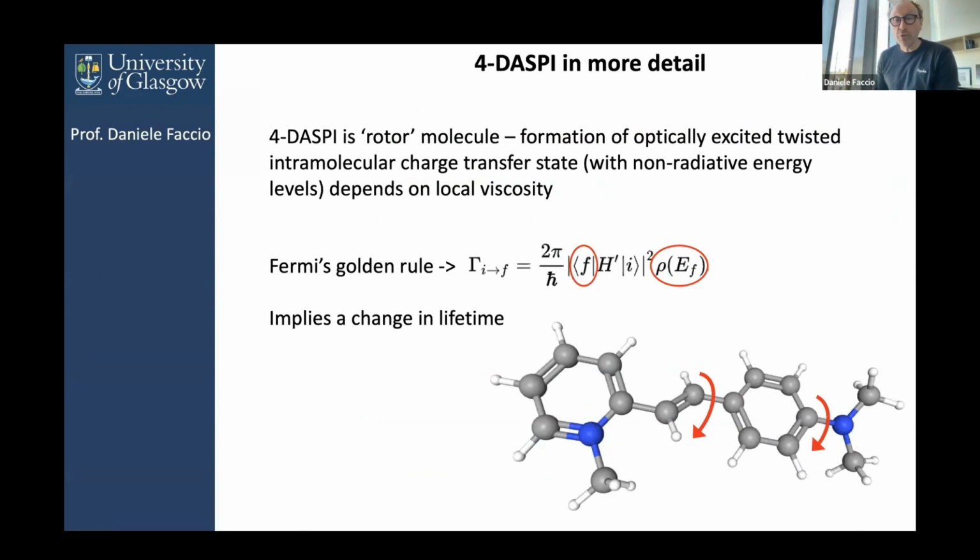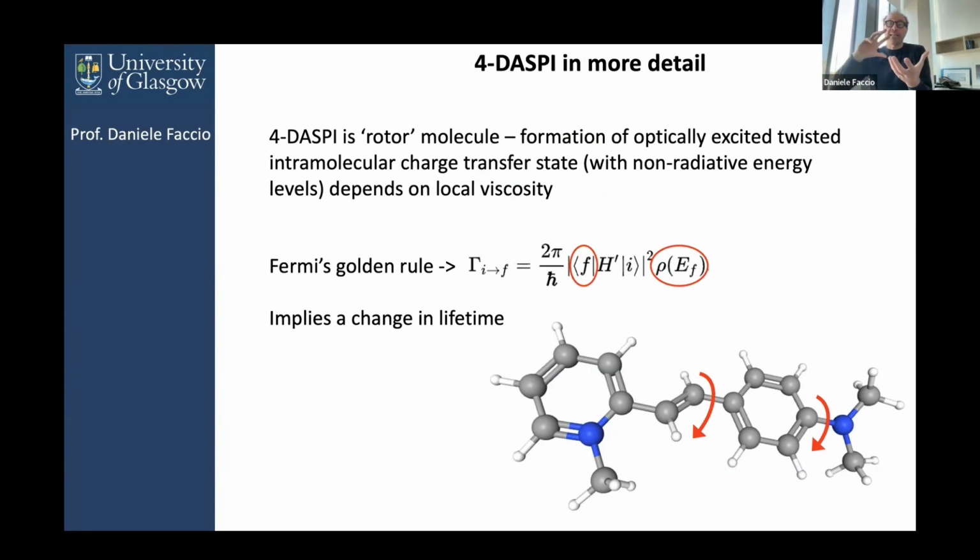So these rotor molecules, upon optical excitation, undergo a folding, and in doing so, their rotational states become very sensitive to the surrounding local viscosity of the medium where they're placed. And so they are used to sense the nanoscale viscosity in biological samples.